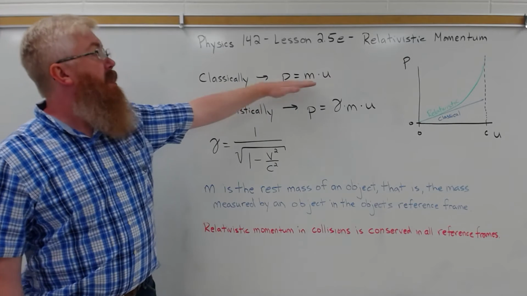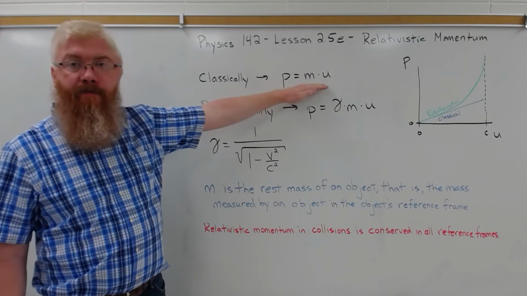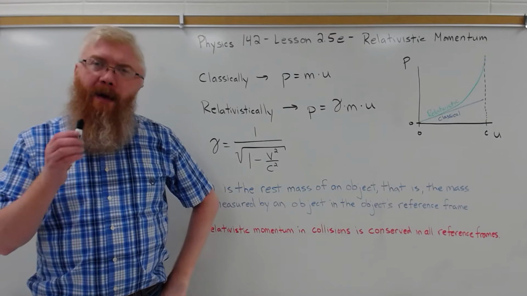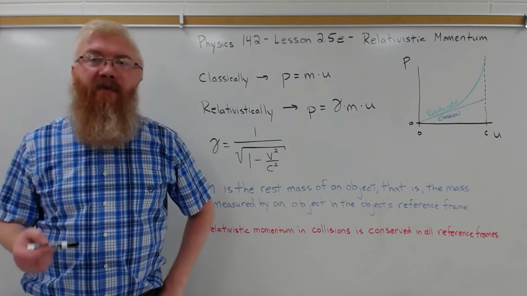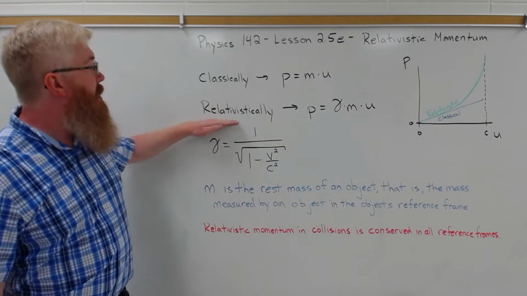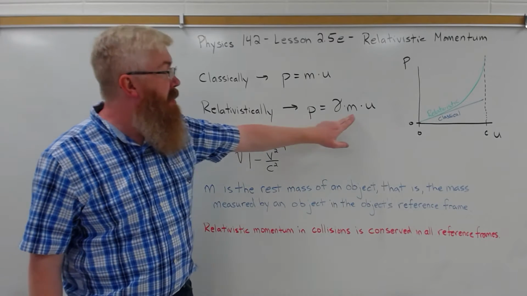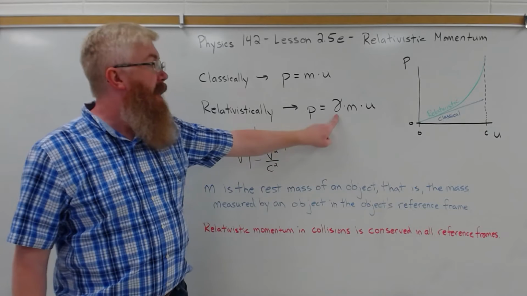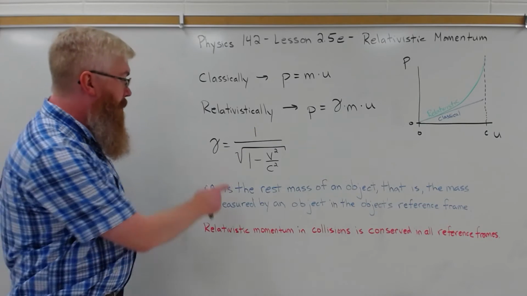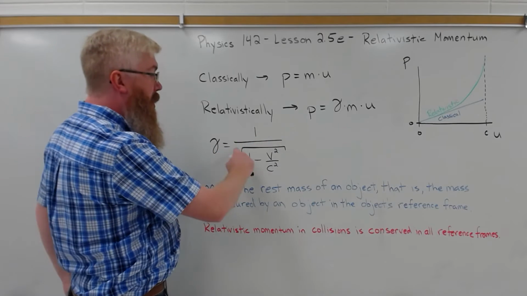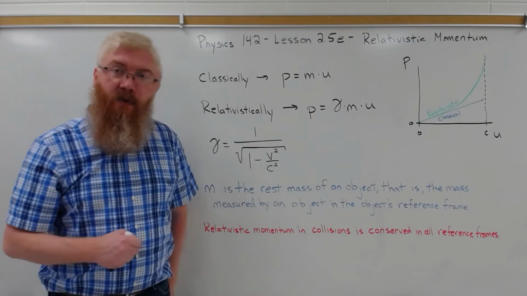So classically, this is our equation. But it actually doesn't quite work. If you have an object traveling close to the speed of light, we find that relativistically the momentum is mass times velocity times the Lorentz factor, gamma, remembering that gamma is 1 over the square root of 1 minus v squared over c squared.